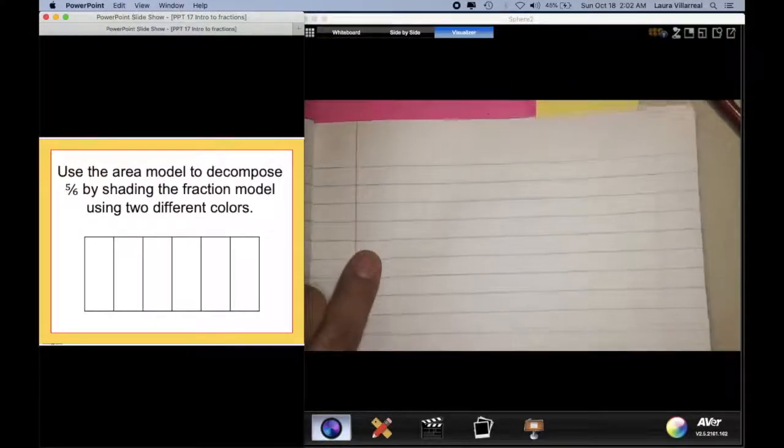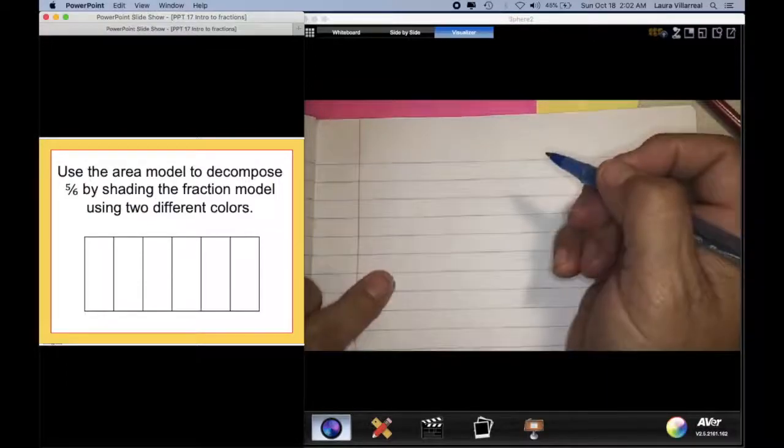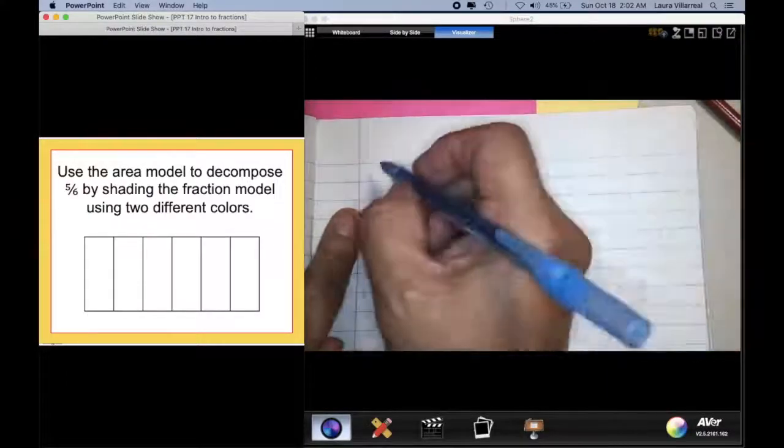Okay, let's go ahead and look at this problem. We'll copy it if you have room on the bottom or on the top of the next page.